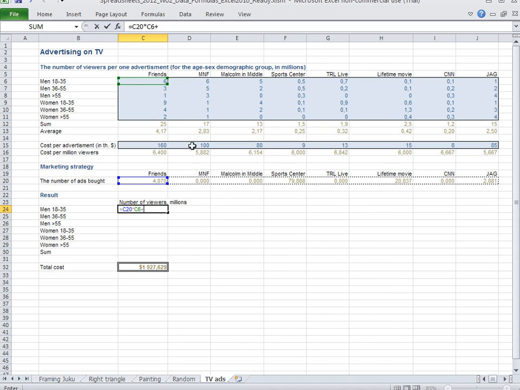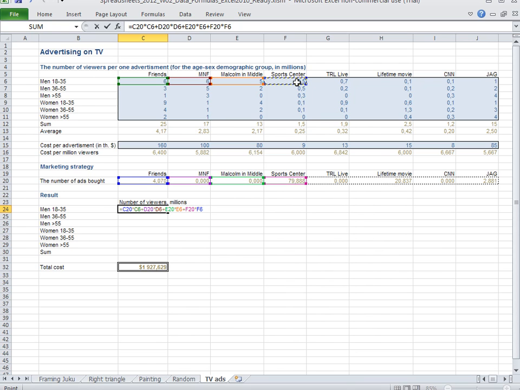Plus Monday Night Football was 0 ads, each ad would have gotten us 6 million viewers, but didn't. Now plus Malcolm in the Middle the same way, nothing here. Plus SportsCenter was 80 ads, and each ad gave us 0.5 million viewers, which means that from SportsCenter we got something like 40 million viewers in men 18-35 age sex group.